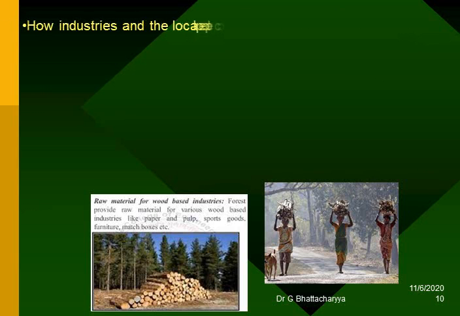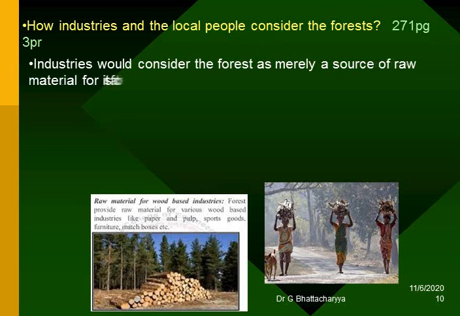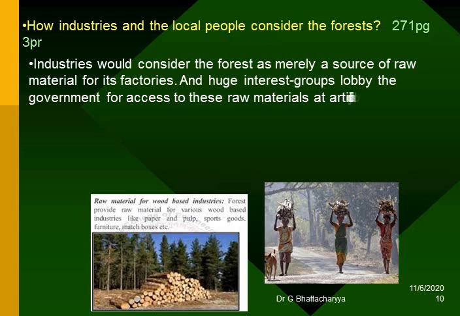How industries and the local people consider the forest. Industries would consider the forest as merely a source of raw material for their factories, and huge interest groups lobby the government for access to these raw materials at artificially low rates.